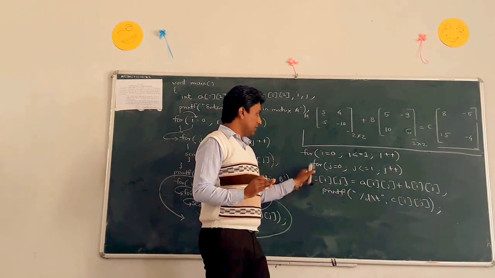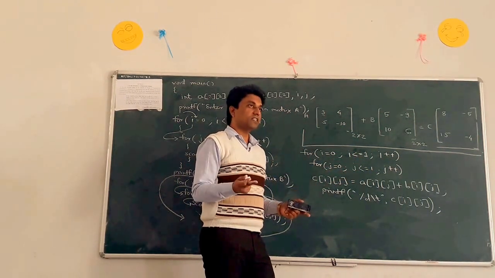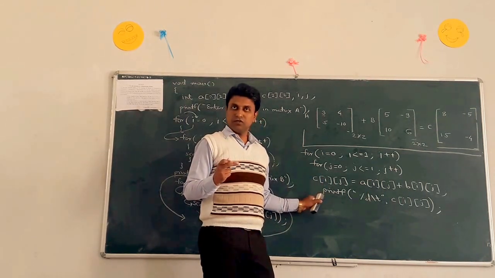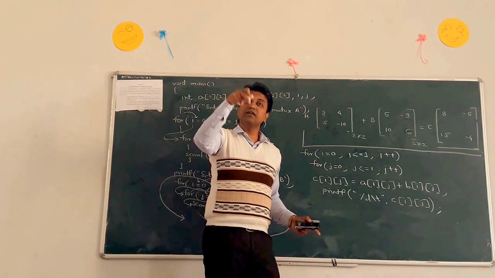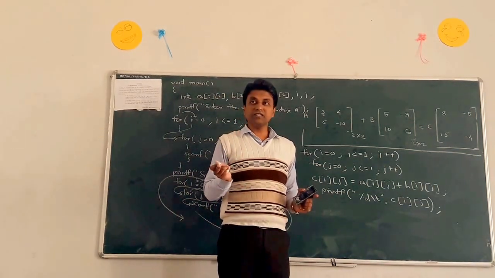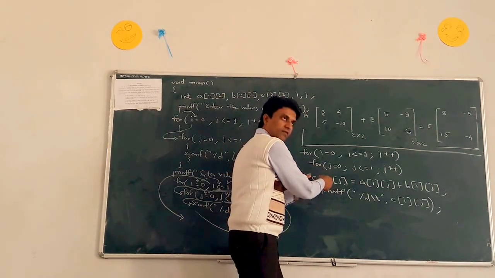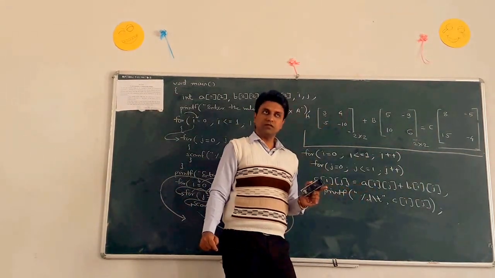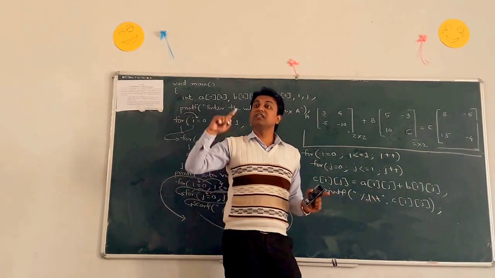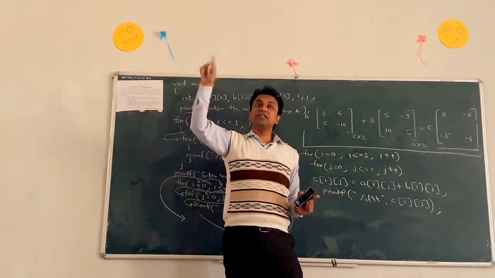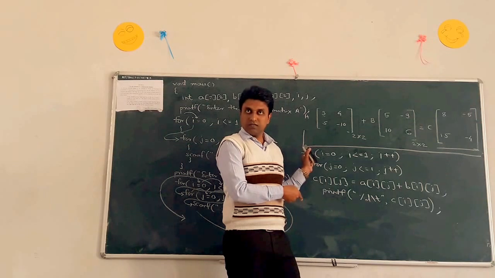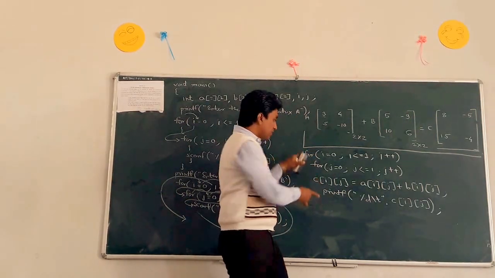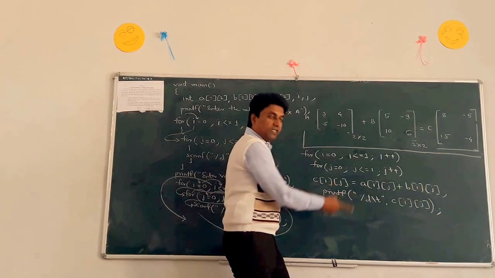Now here in the for loop, how many statements are there? Two statements are there, so we must write curly brackets. Otherwise, what happens? Only the for loop adds the element and goes to the increment statement. The printf statement is considered as the next statement after the outer for loop, and then it is executed.